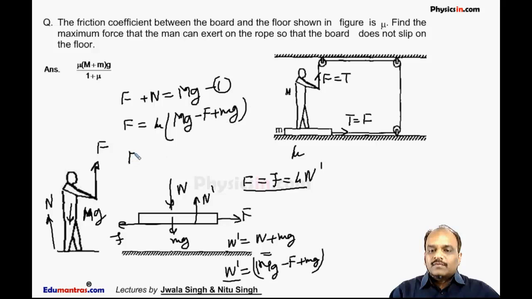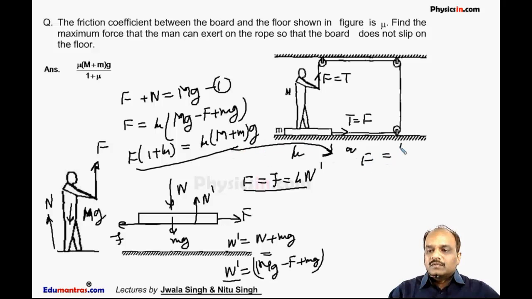So from here we get F into 1 plus mu is equal to mu times capital M plus small m into g, or F is equal to mu times capital M plus small m into g divided by 1 plus mu. This is the maximum force the person can apply, such that if this force is more than this value, the plank will move.